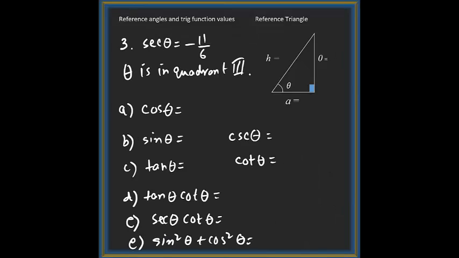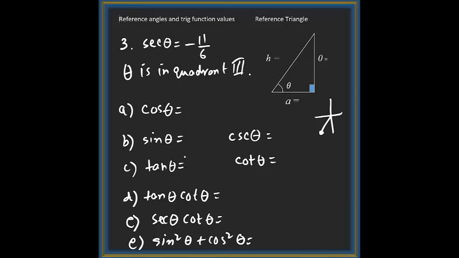Example 3, we are given secant theta is negative 11 over 6 and theta is in quadrant 3. So the location of the terminal side is here in quadrant 3. We know in quadrant 3 tangent will be positive and cotangent will be positive. All others will be negative.